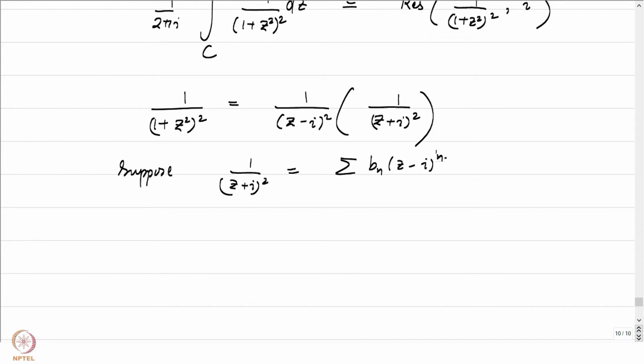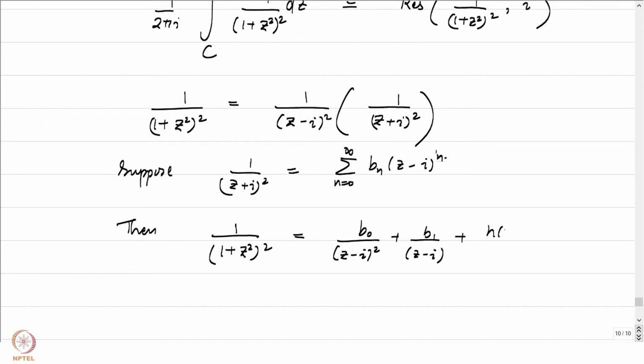This is a holomorphic function in a neighborhood of i, and therefore this certainly makes sense to write it like this. Then the Laurent series expansion of 1 by (1 plus z square) the whole square is just going to be equal to b0 by (z minus i) the whole square plus b1 by (z minus i) plus a holomorphic function.